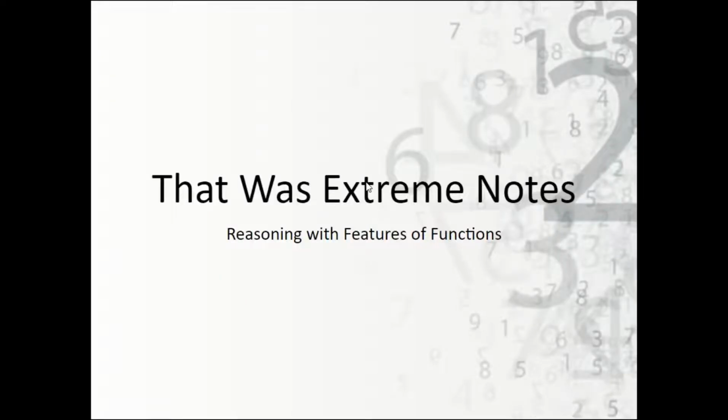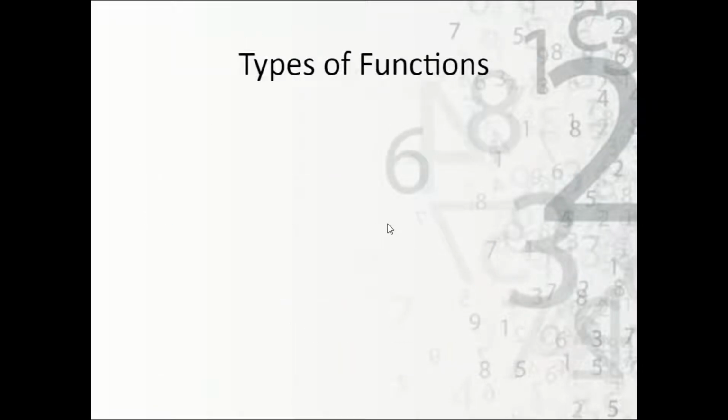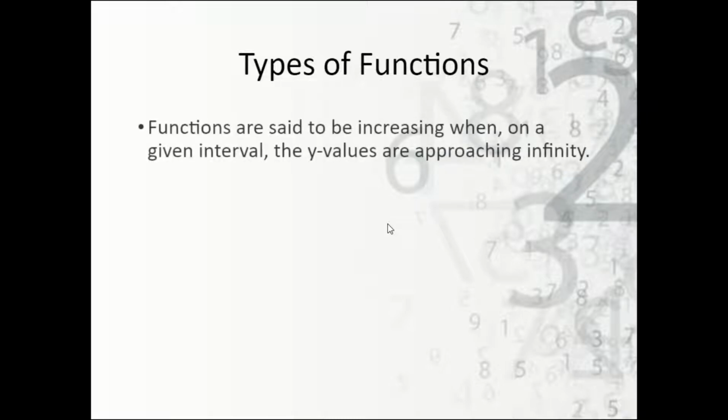Let's take a look now at the That Was Extreme notes. The notes begin with the learning goals and success criteria. Now, what are the different types of functions? Functions are said to be increasing when they are moving towards infinity as we work, so they're rising or going up.